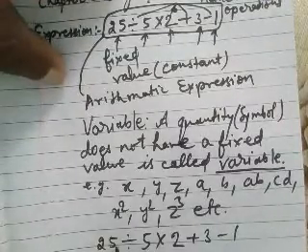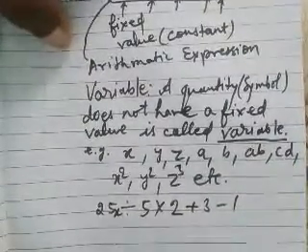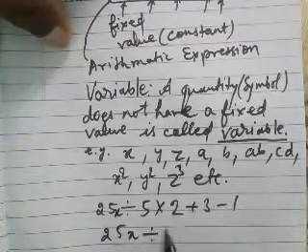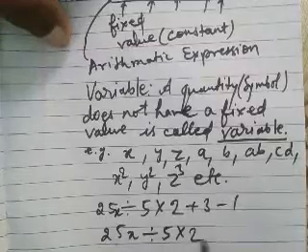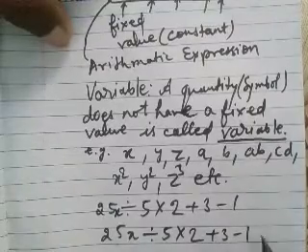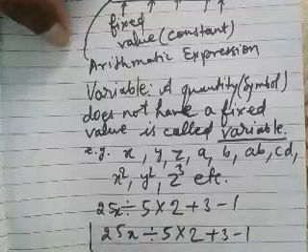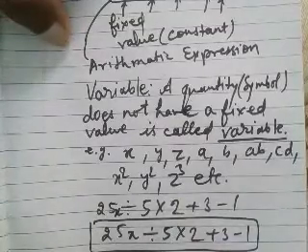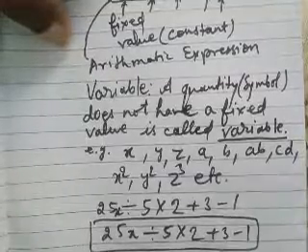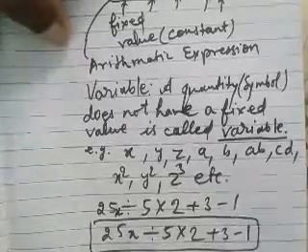But if we use any variable along with this, like 25x divided by 5 multiplied by 2 plus 3 minus 1, or any other variable, this arithmetic expression now becomes an algebraic expression.